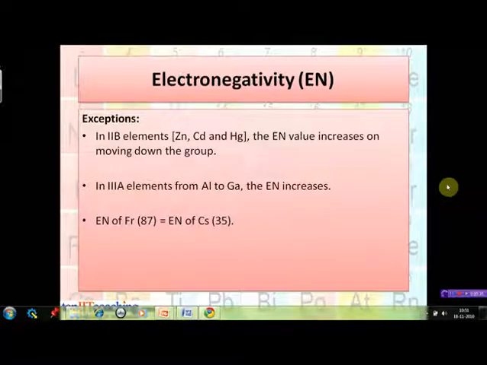And the electronegativity of francium with atomic number 87 is equal to that of cesium with atomic number 55, instead of the expected lower value for francium. This is due to the fact that the increase in nuclear charge is somewhat balanced by the increase in shielding effect.